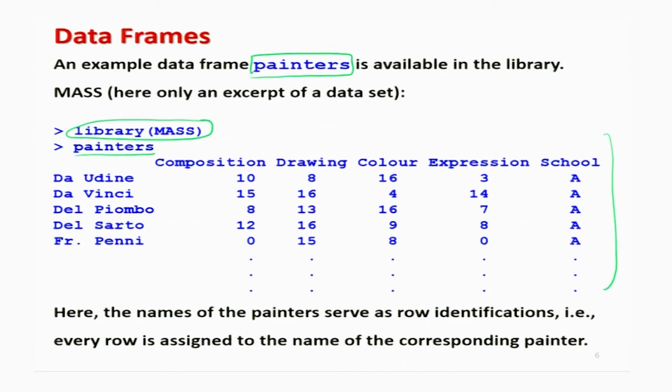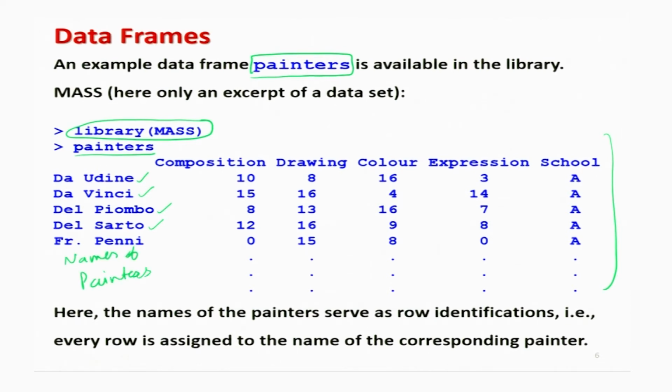Let me briefly explain before moving forward what this is. This data set contains information about some painters. For example, Da Vinci, Del Piombo, Del Sarto, etc. are the names of different painters, right?